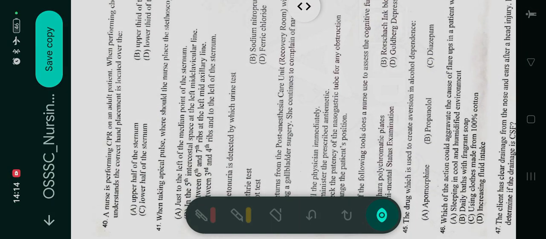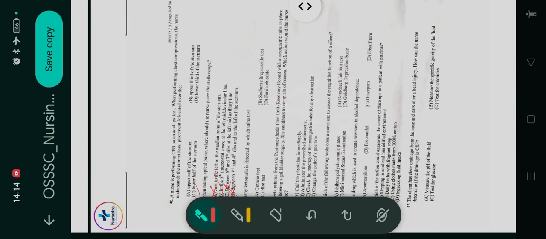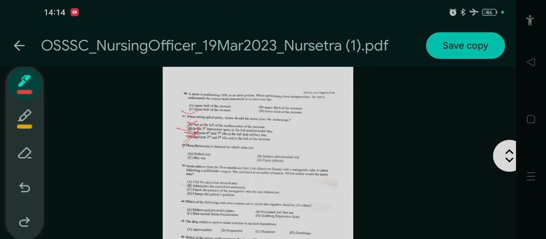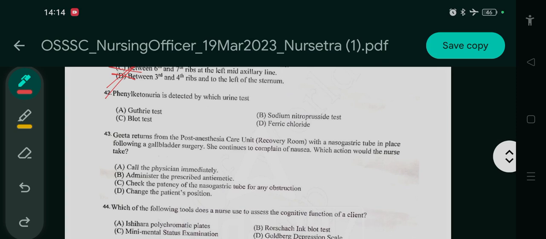Here the correct option is the ferric chloride test, because ferric chloride reacts with phenyl pyruvic acid in the urine, and the urine color becomes green, suggestive of phenylketonuria.